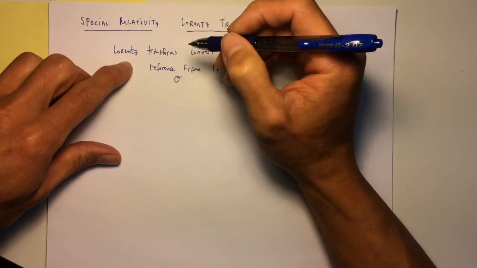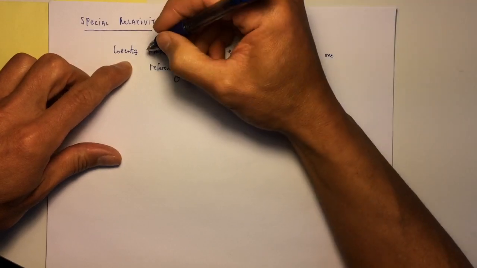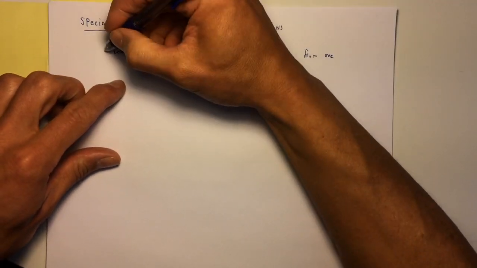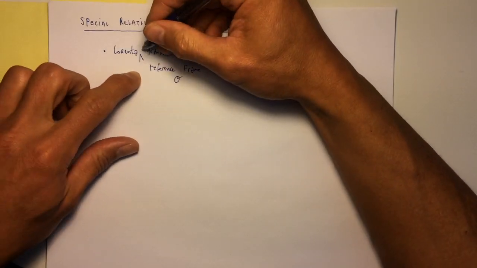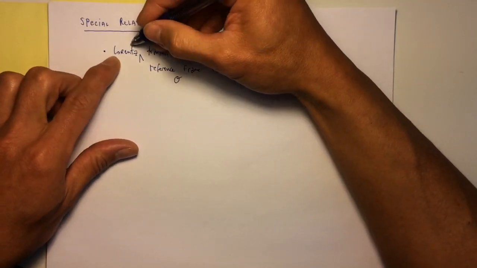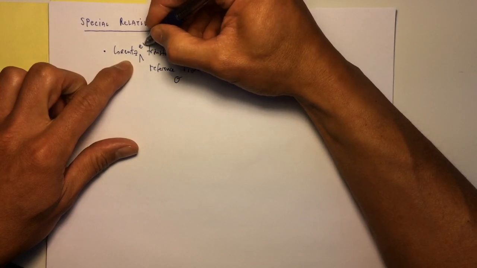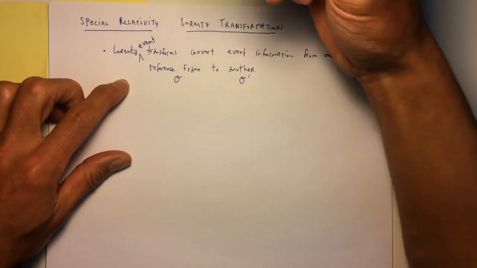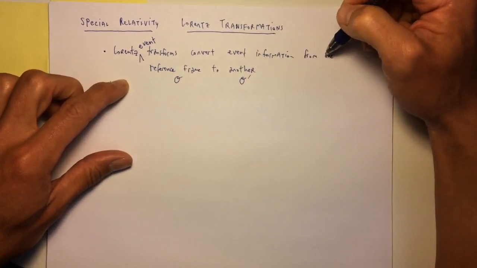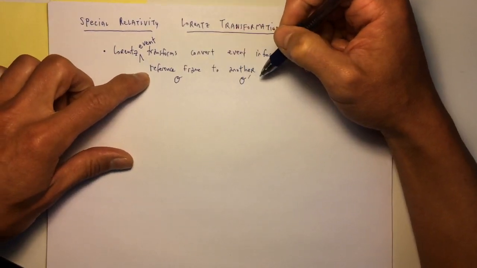And in particular, we're going to start by talking about what's referred to as, well, maybe it's only me who says this, but these are event transformations. So Lorentz event transforms convert event information from one reference frame to another.